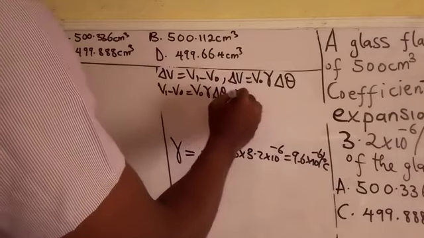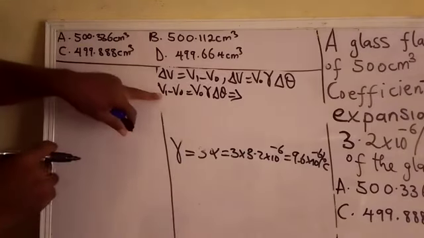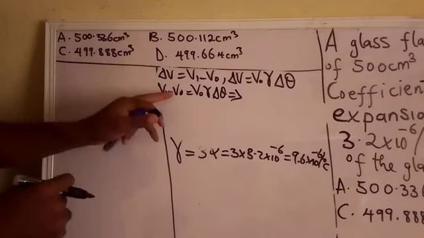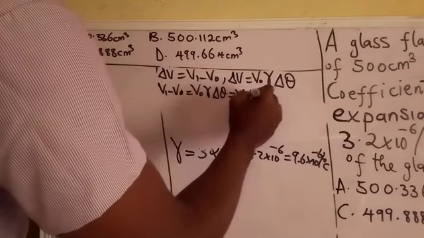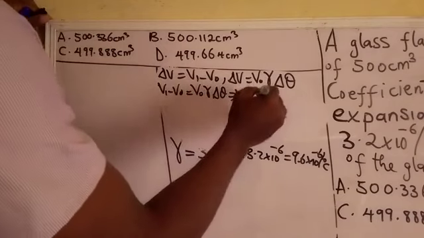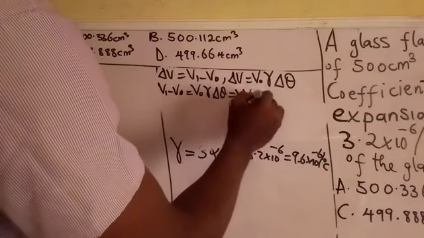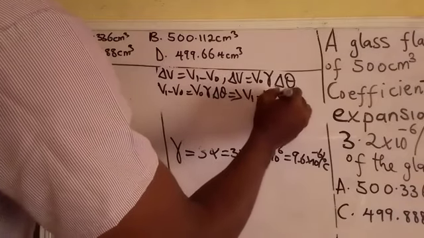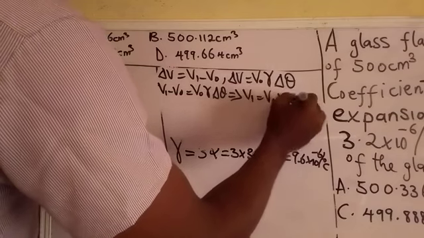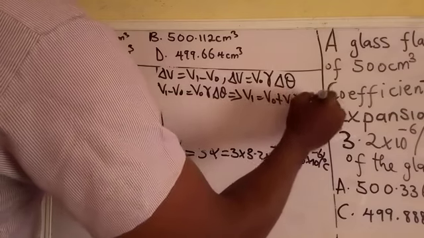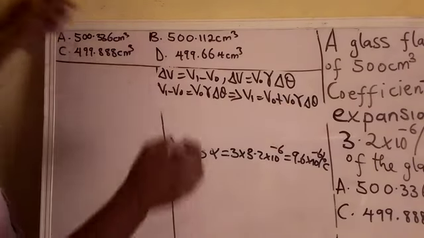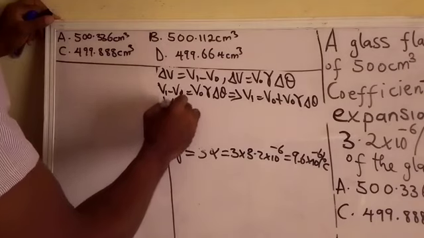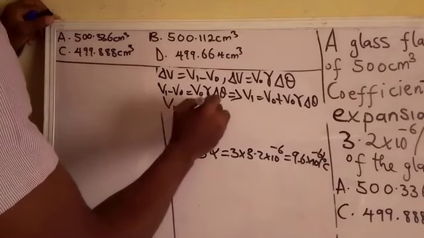Now what do you notice? If you make V1 subject, because that's what we're looking for, you have to move minus V0 to this side. So it becomes plus. V1 is V0 plus V0 gamma change in temperature. So you see there's V0 here, there's V0 here. You can just make it simpler by factoring out V0.